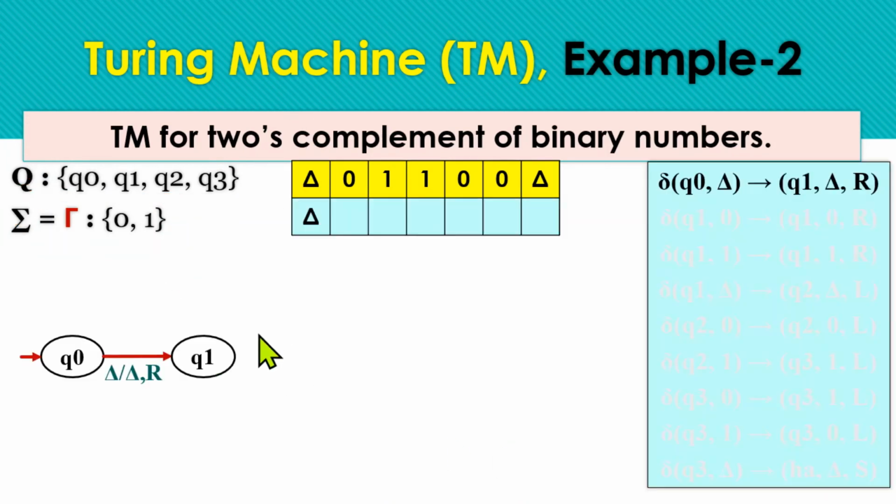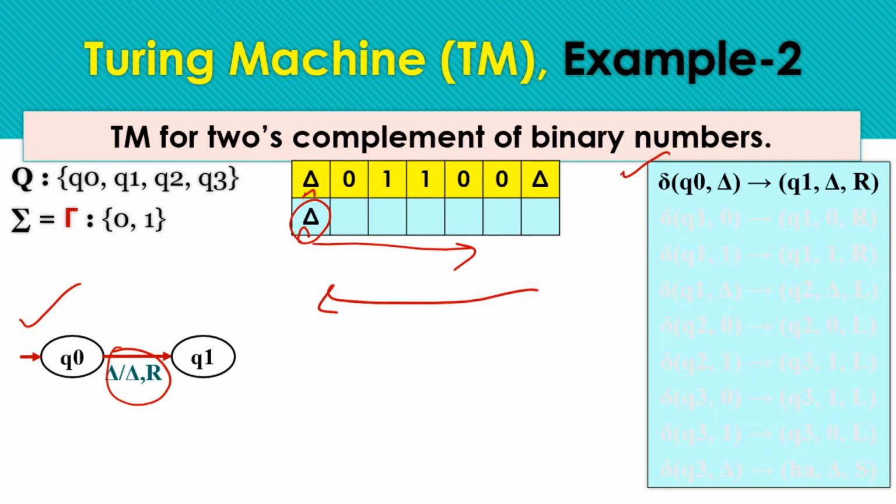Here is the first step, and we are also writing the transitions in parallel so that you can easily simulate all these things. So from Q0 to Q1 we move in the right direction by replacing the first blank with blank. This is the move from left to right, then we will move from right to left. Here is the transition for the same.